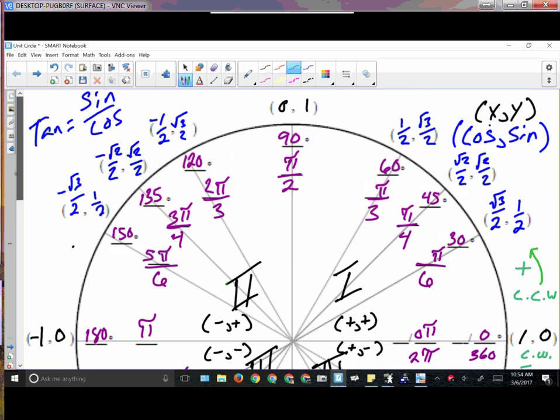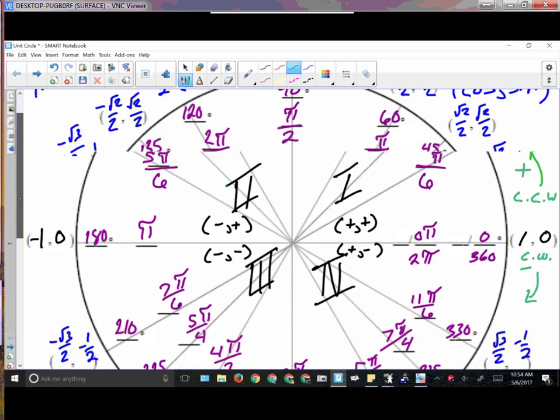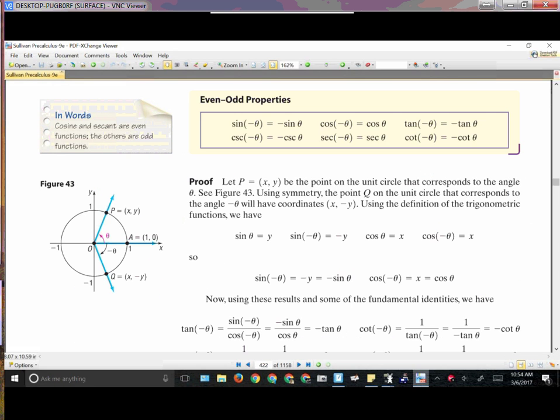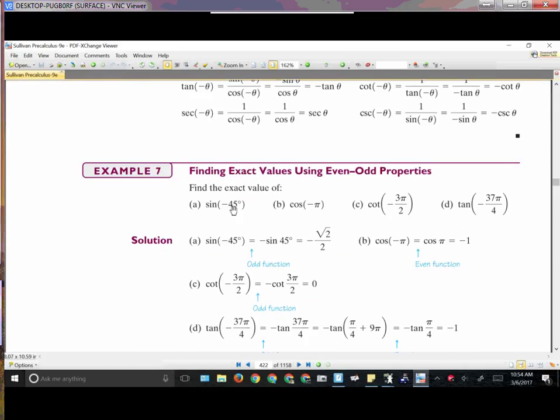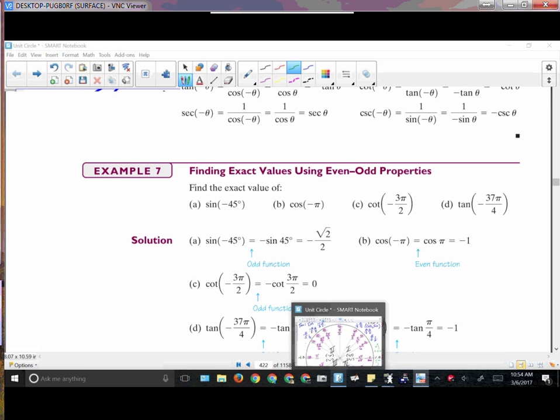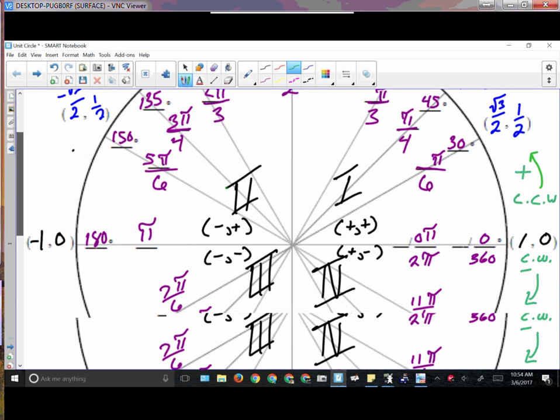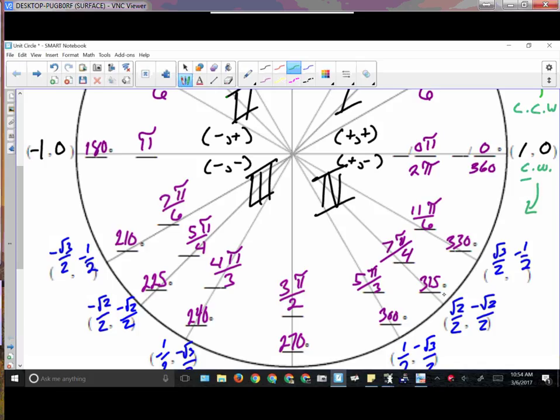So, say for example that I am looking at, let's pick a number here real quick. I want negative sine of 45. So if I am going to do the negative 45 degrees, negative 45 degrees means I'm going to go down here.